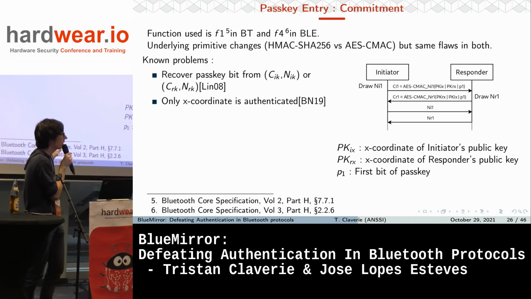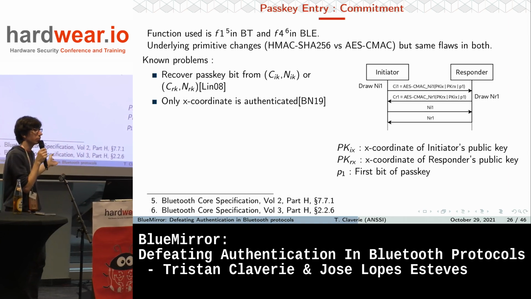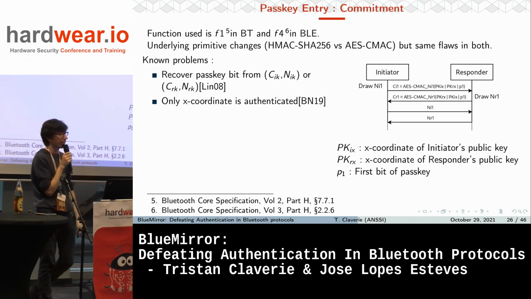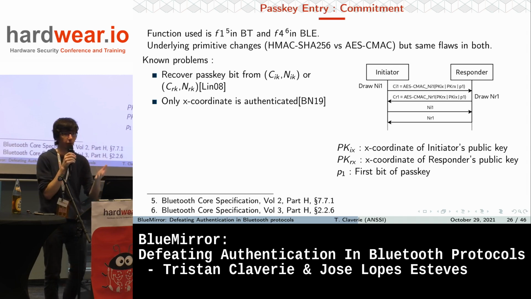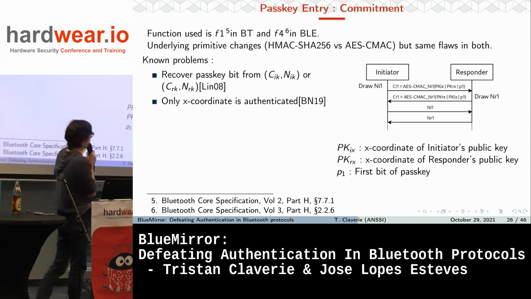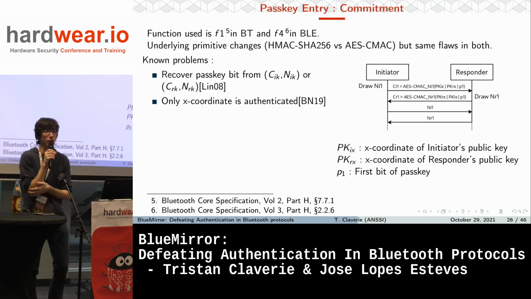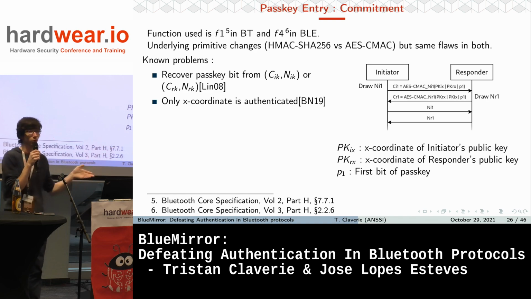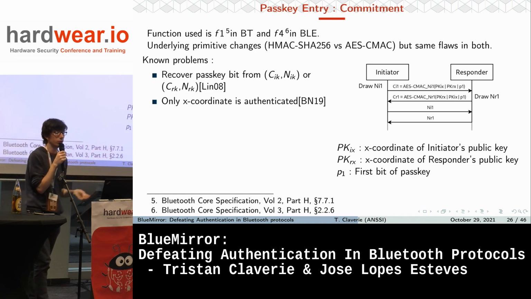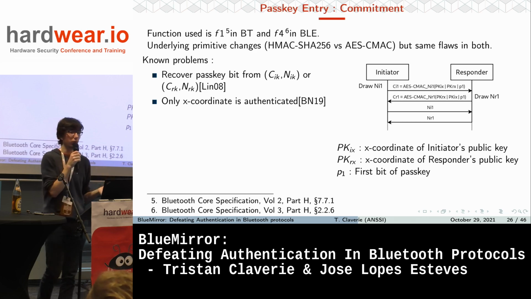If we look at known problems on these commitment protocols, we have 2. In 2008, there was a Black Hat conference where Lindell said that it actually did not protect the value of the passkey. Basically, if you just sniff the entire protocol, you are able to recover the passkey that was used.